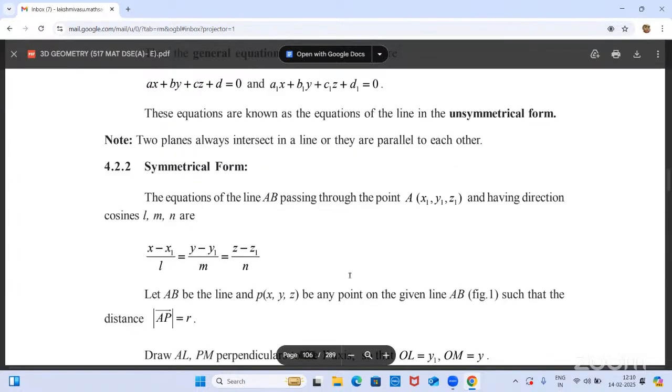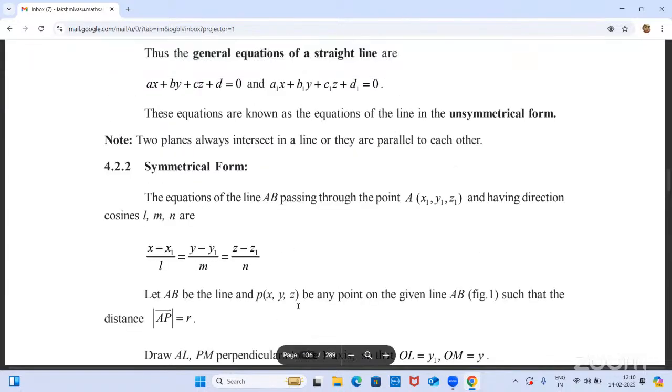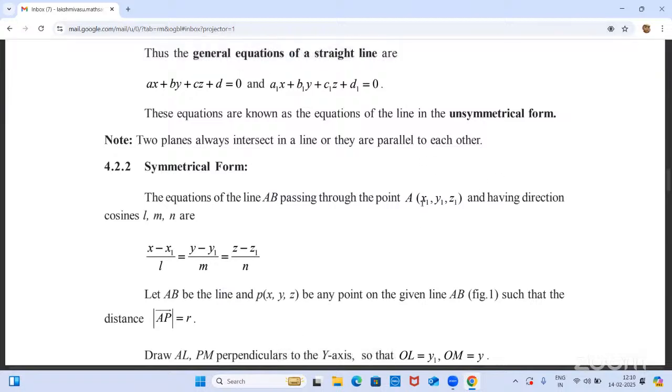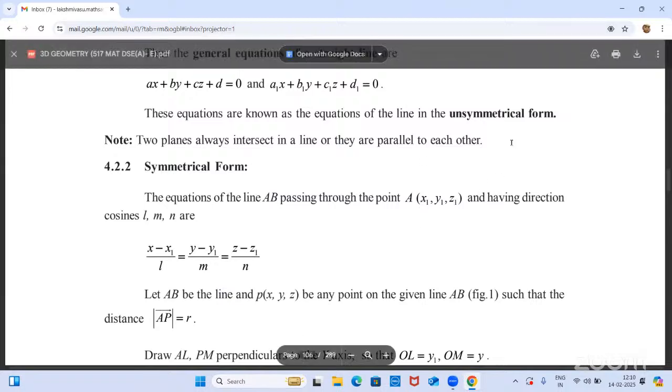Just you have to see here. What is the symmetric form?